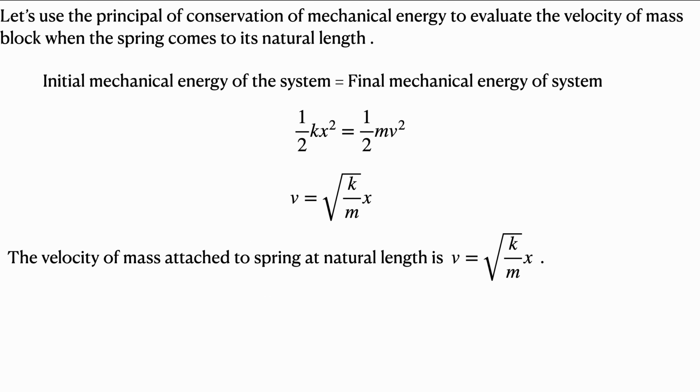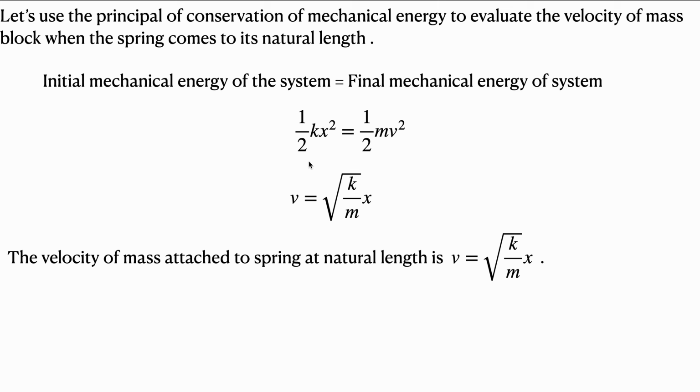Let's use the principle of conservation of mechanical energy to evaluate the velocity of the mass block when the spring comes to natural length. So we will write initial mechanical energy of the system equals final mechanical energy of the system. The initial mechanical energy includes only spring potential energy, so we write half kx square, and the final mechanical energy has no potential energy, only the kinetic energy half mv square.